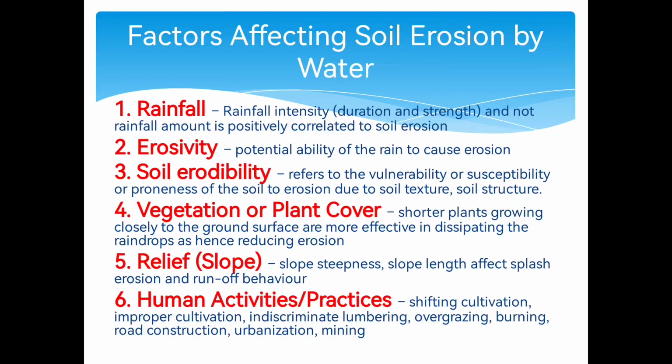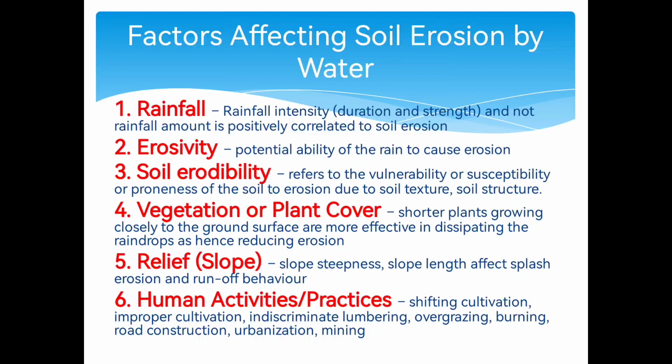Samantalang pag once yung ulan bumagsak dun sa mga mababang tanim, pagkagaling dun sa tanim na yun to the soil is medyo short na lang yung distance, so bumababa din yung kanyang kinetic energy. Kaya hindi na siya ganun kalakas yung impact ng raindrop kumpara dun sa galing siya ngayon sa punong kahoy. I hope it's clear, guys.